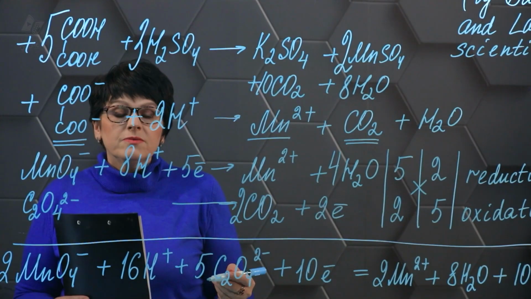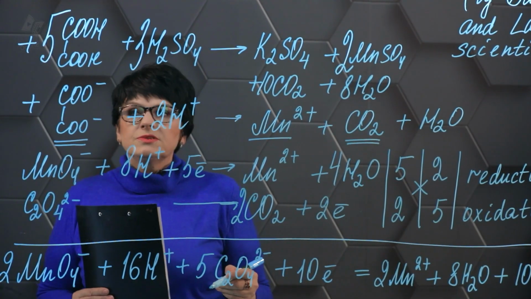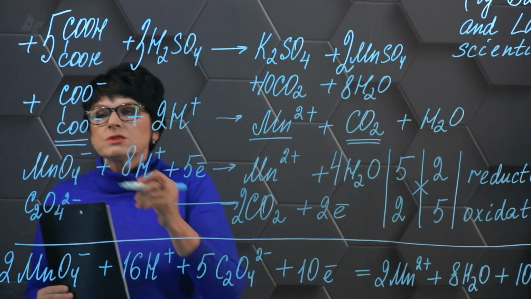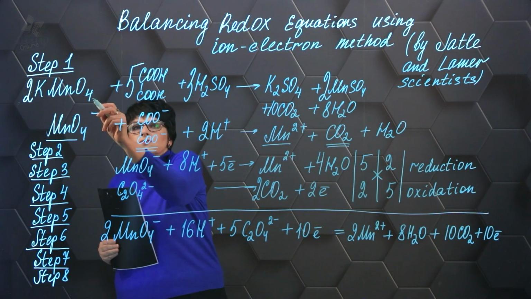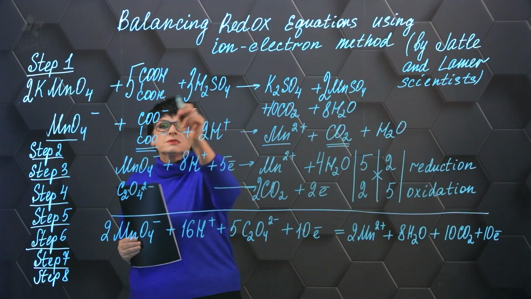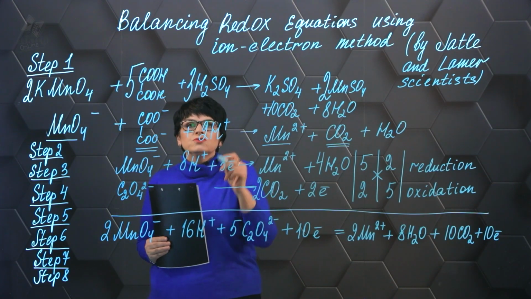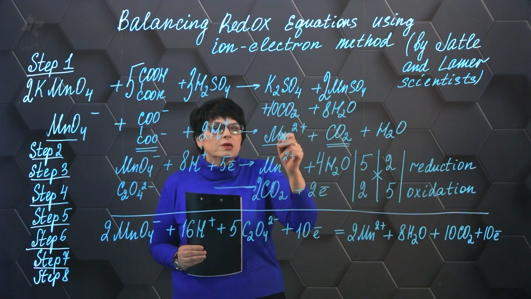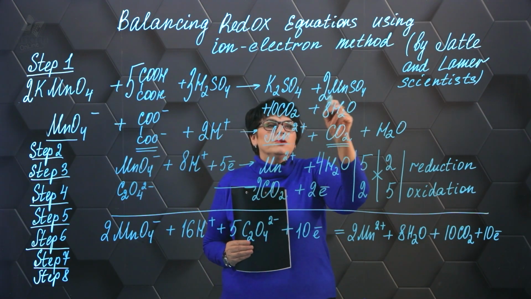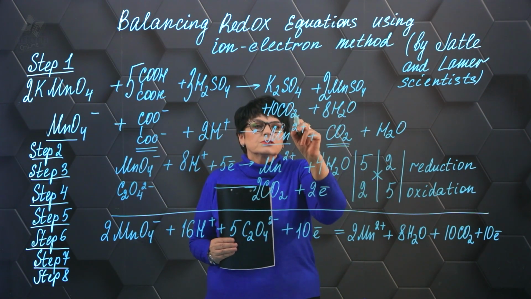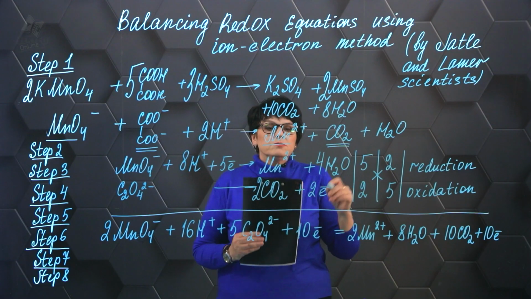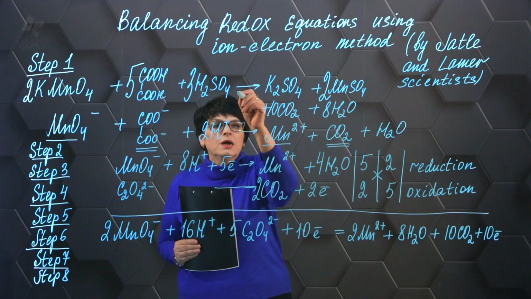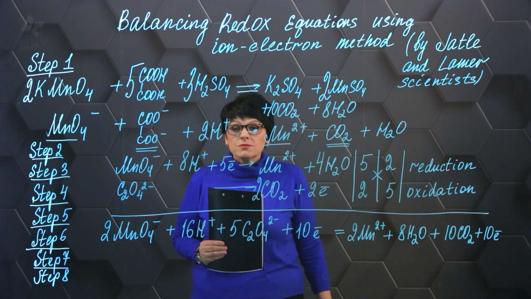It is necessary to do it in order to check whether all the coefficients are correctly arranged. Let's check on oxygen. On the left side, 8 plus 20 and another plus 12. That makes 40. Check the right side, 4 plus 8 plus 20 plus 8. We also get 40. Our equation is equated.